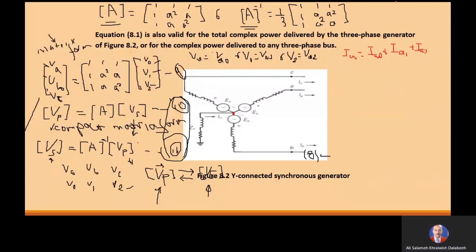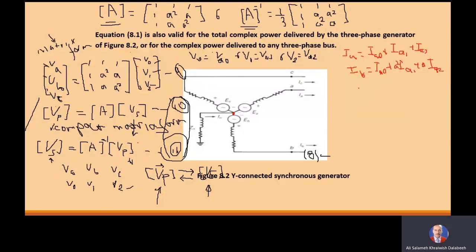And the same concept, IB is equal to IA naught, because IB naught is equal to I naught, plus A square IA1 plus A IA2.